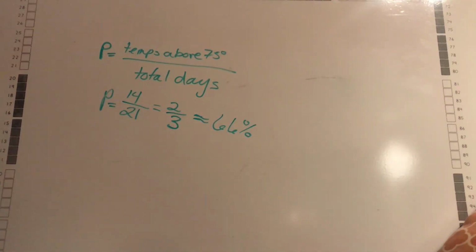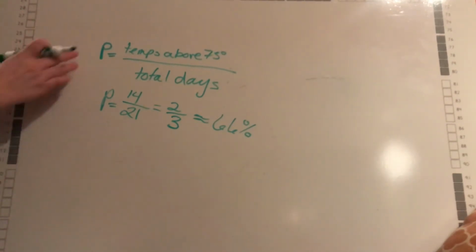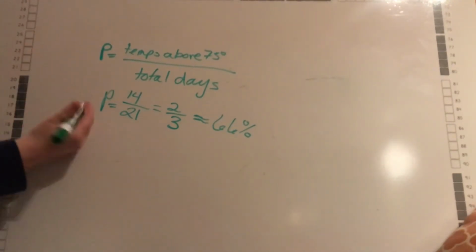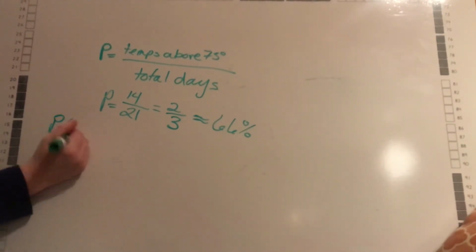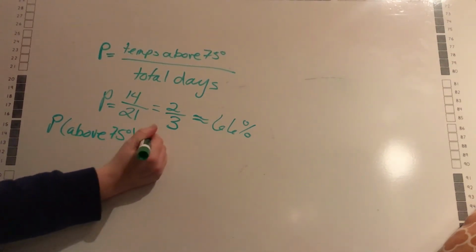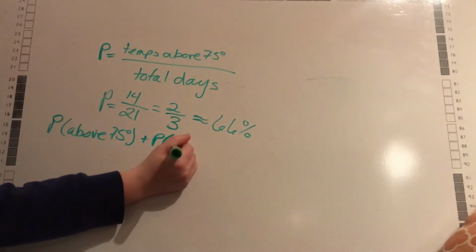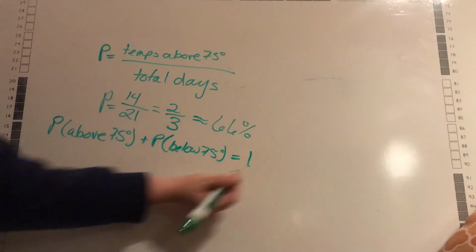Okay. So then the next question is, what is the probability that the temperature will not be above? Well, we remember from last lesson that your 2 P's, so this being above, plus your P of below, has to equal 1.